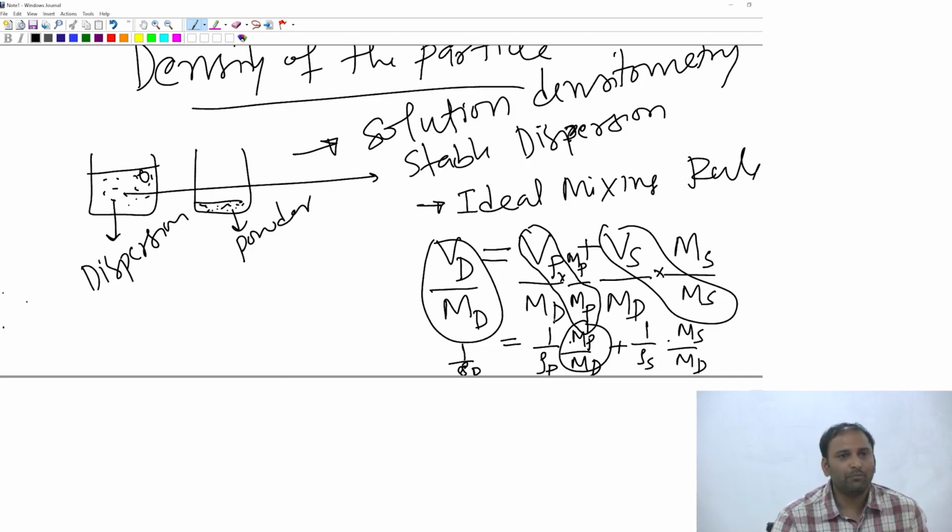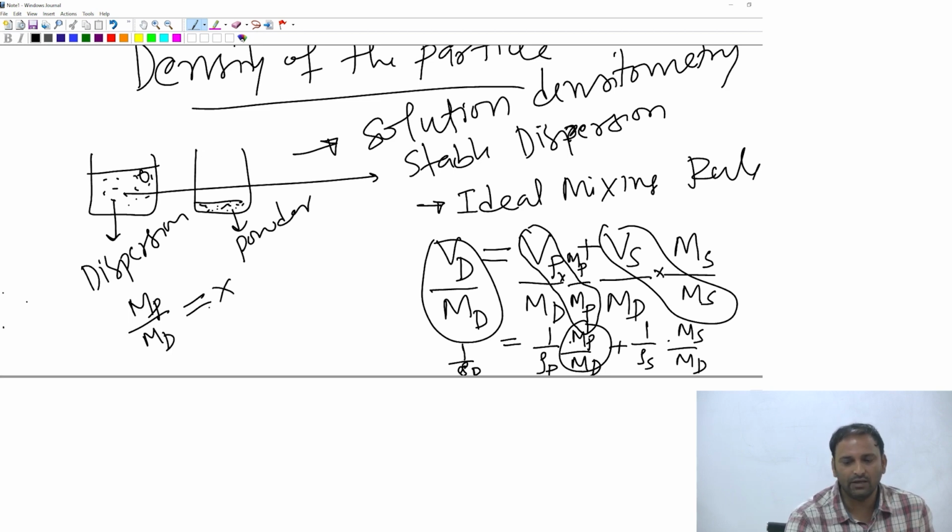Now, mp by md is the mass of the particle divided by the mass of the dispersion. I can define it as x, which is the mass fraction of particles in the dispersion.